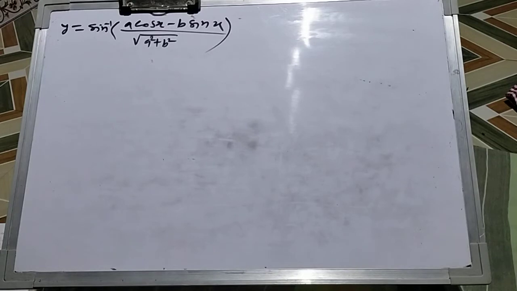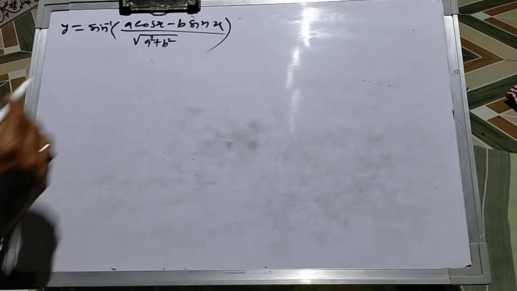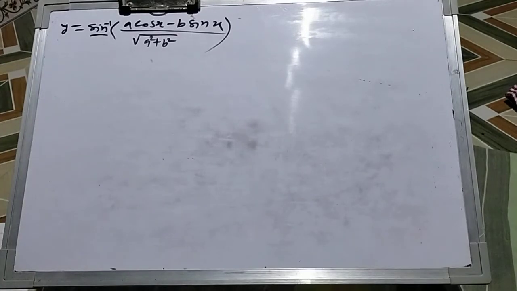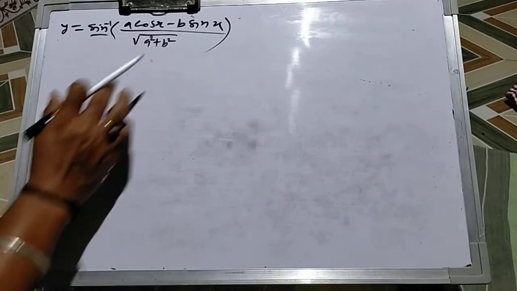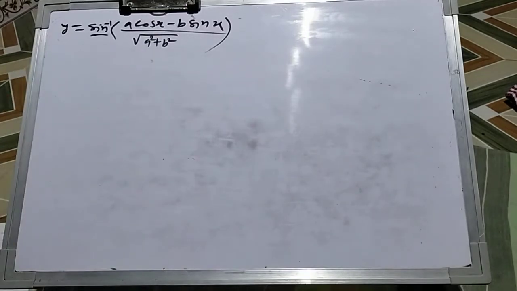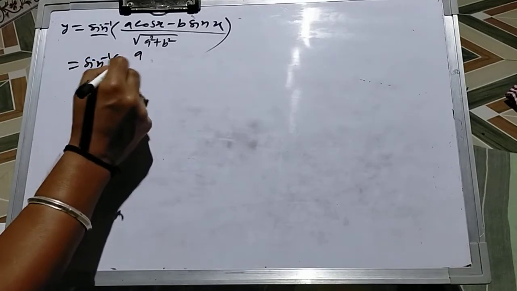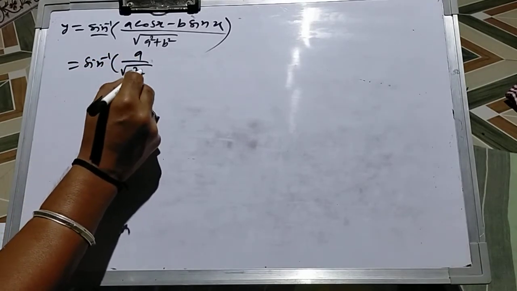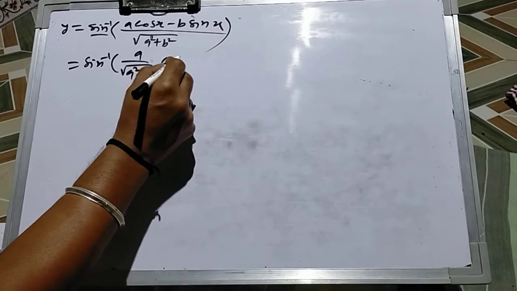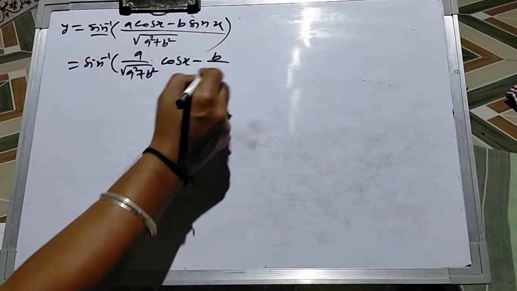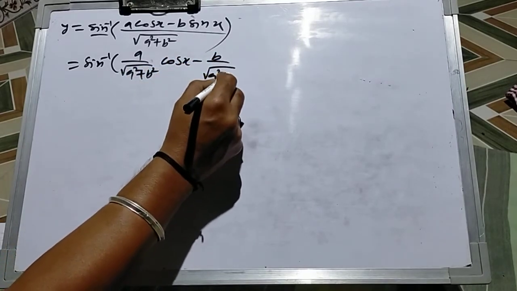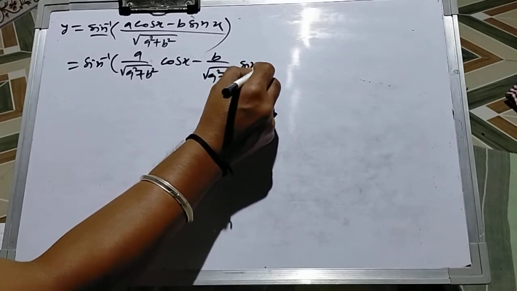Again in this example, the term is sin inverse, so we have to convert this bracket term into sin. This term can be written as sin inverse of a divided by root a square plus b square cos x minus b divided by root a square plus b square sin x.